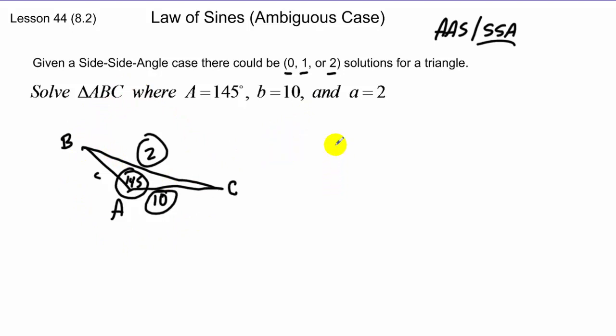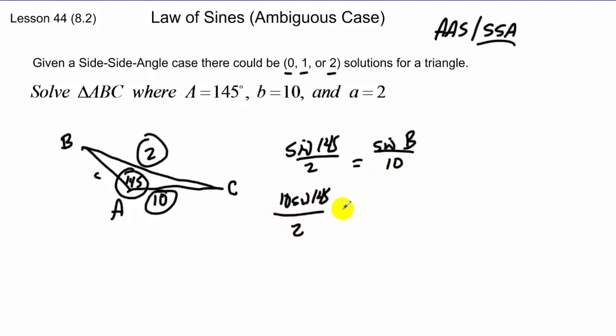Let's say you don't recognize this right off the bat. You can still set up law of sines and say that the sine of 145 over 2 equals the sine of b over 10. Therefore, 10 sine 145 over 2 equals the sine of b. Sine of b would be equal to 2.86.